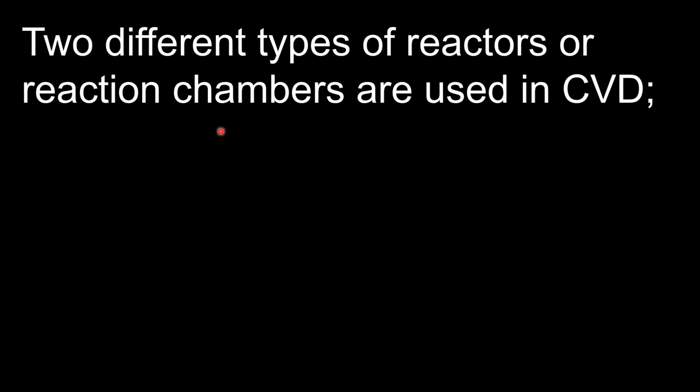Please note that usually the reaction chambers used in vacuum based techniques are made of fused quartz glass. Okay, so there are two types of reaction chamber or reactor used in CVD process.